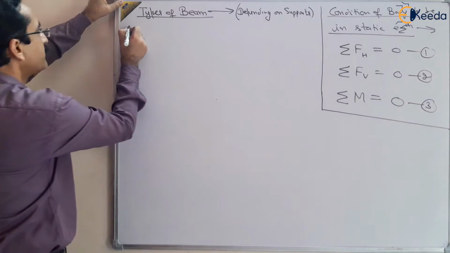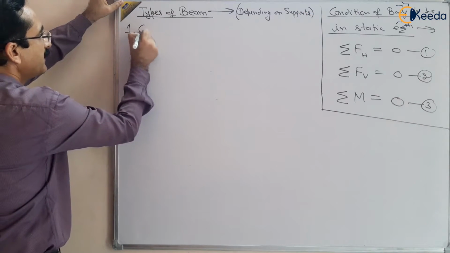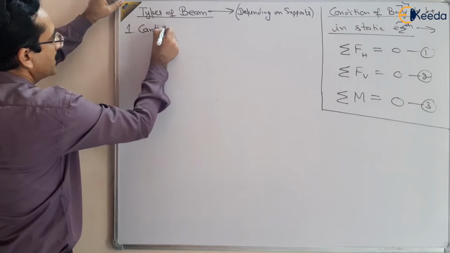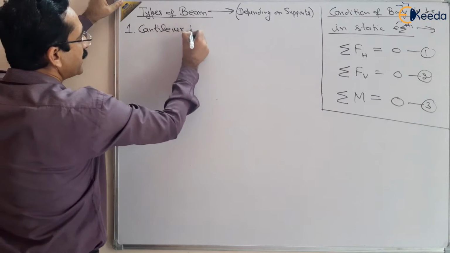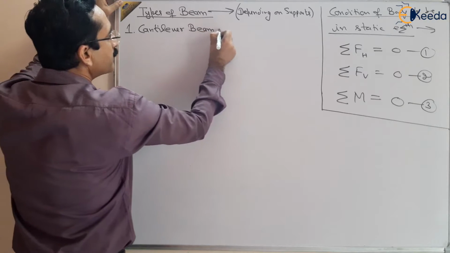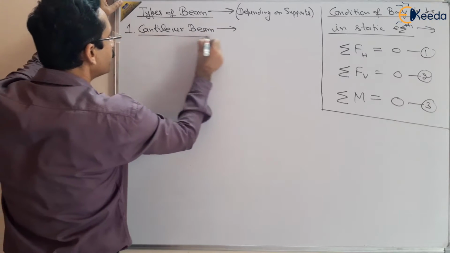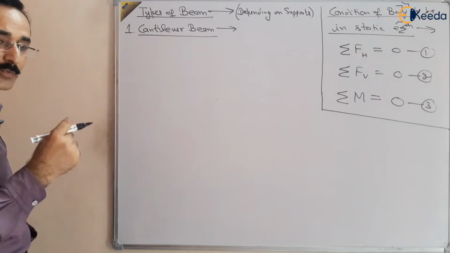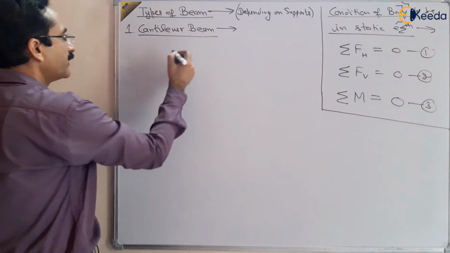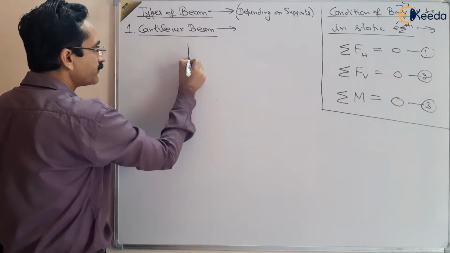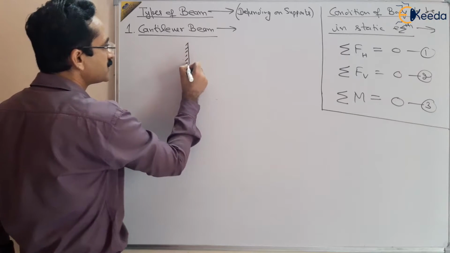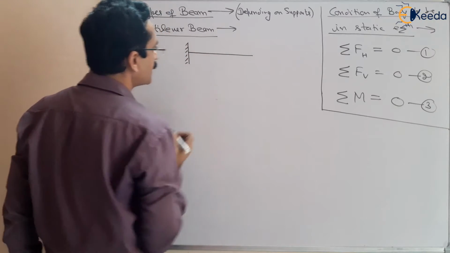Right? So first of all we have cantilever beam. So what type of cantilever beam is? That one end of the beam is fixed and other is free.